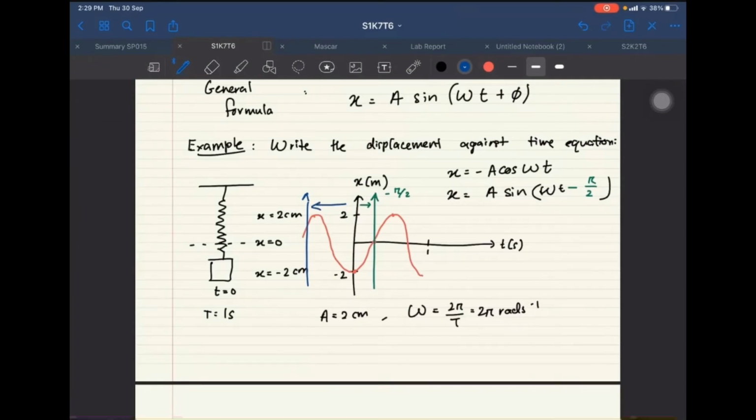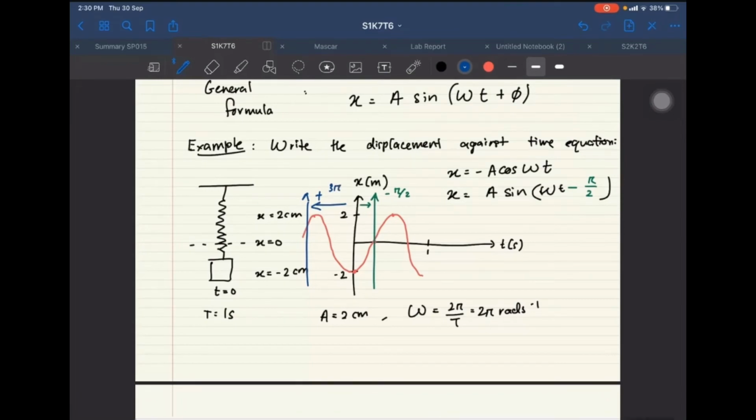So here you will get a positive. This one is basically half pi. So if you move from here to here is pi over 2, and then you move another half backwards which is pi, so you get 3 pi over 2. Or pi plus pi half.